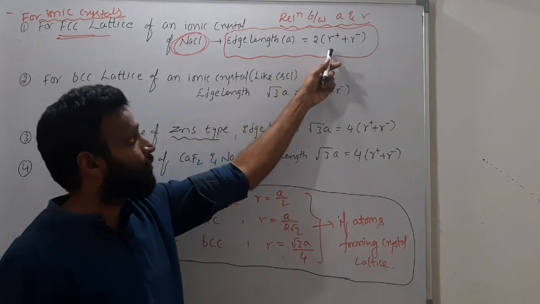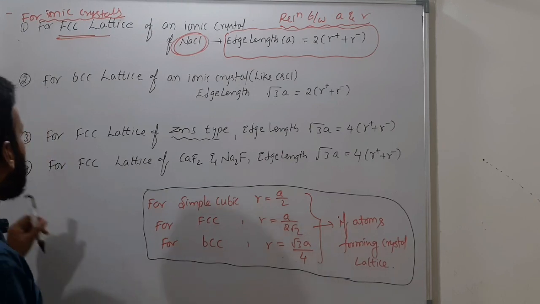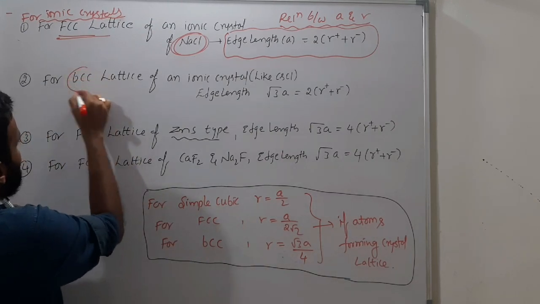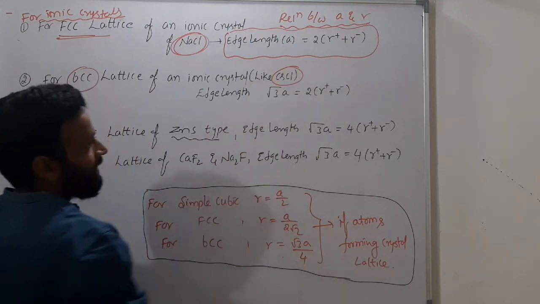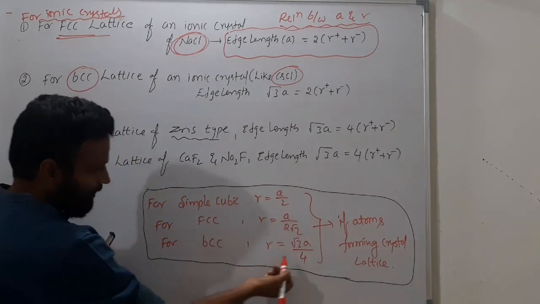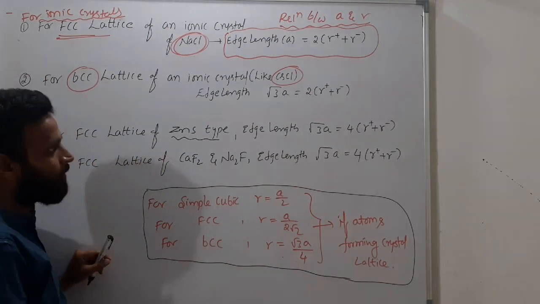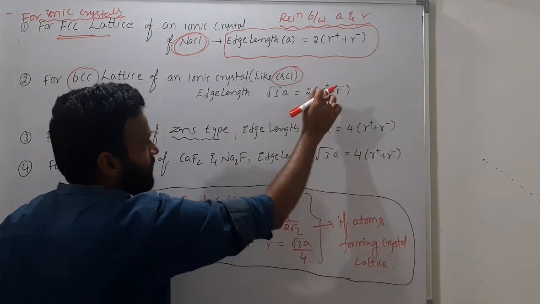A is equal to 2 into r plus plus r minus. Next, for BCC and cesium chloride-like structure, root 3 A is equal to 2 into r plus plus r minus. For BCC, root 3 A only, that you can simply remember.